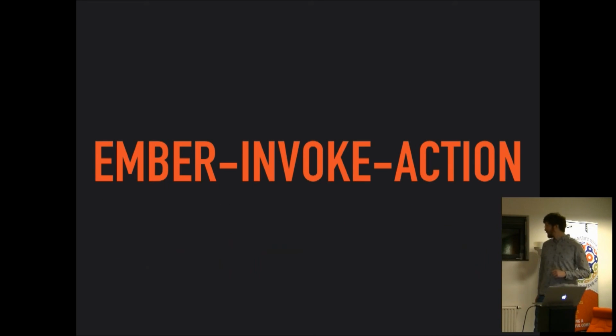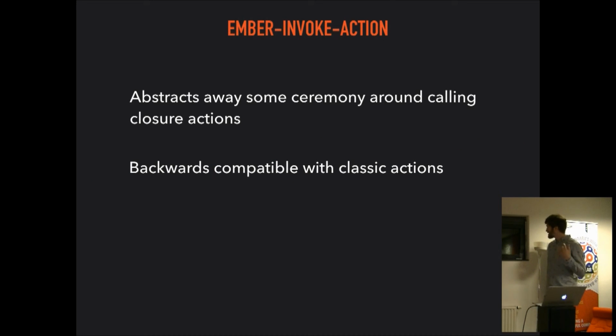This is one I wrote myself, although I borrowed the code from someone who showed it to me. This add-on, ember-invoke-action, abstracts away some ceremony about calling closure actions, and adds backwards compatibility with classic actions.